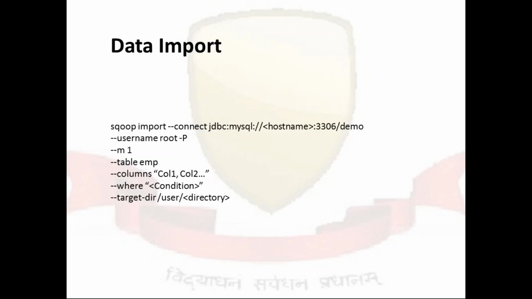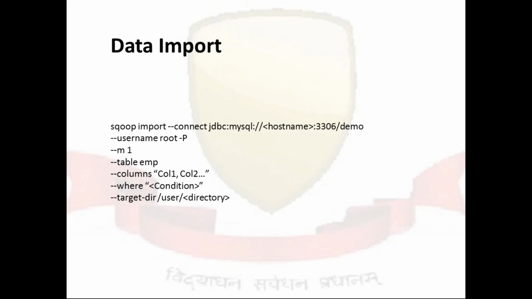As we have already seen, for importing the data, we have the command sqoop import, then connect, that is the JDBC. It is our database name, here MySQL. If it is Oracle, you have to specify it accordingly. Then the host name, or if it is the same server, you can use localhost, or if it is different, you can use the IP address or host name of the server.